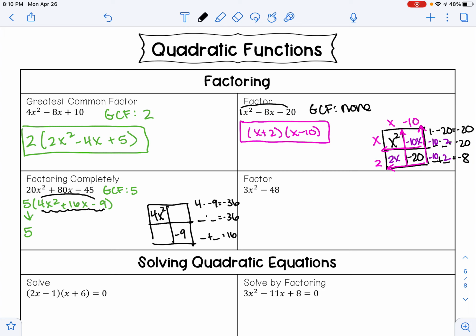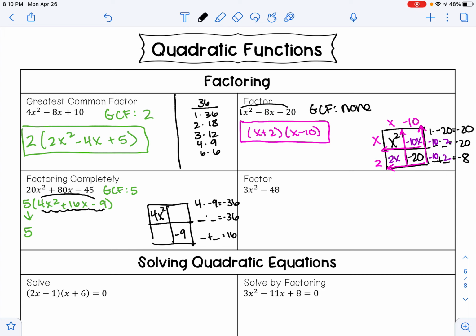So let's think about this for a second. 36 and 16. If you're not sure, I'm just going to use some room up here. What I would do is make a list of my factors of 36. So I know I have 1 times 36, 2 times 18, 3 times 12, 4 times 9, and 6 times 6.